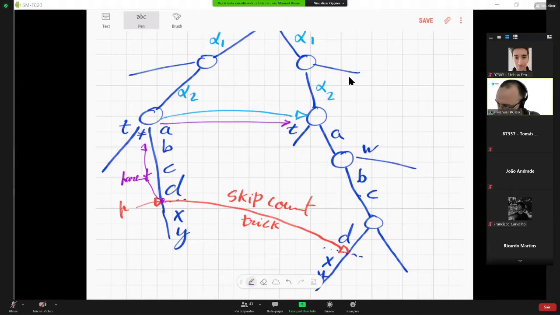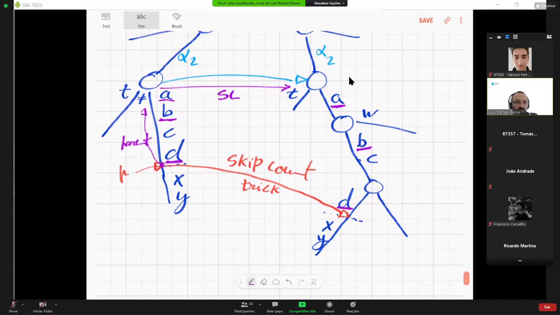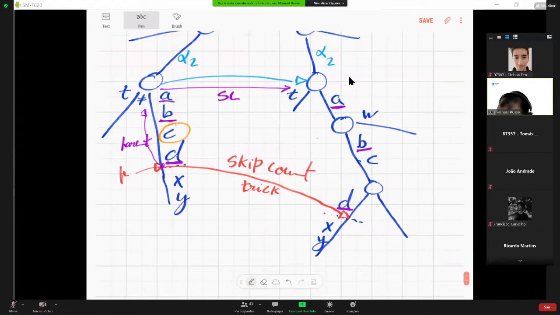Then you need to reread some letters: you need to read this letter, and this letter, but you don't need to read the C, and you do need to read the D. The skip count trick basically skips testing this letter.